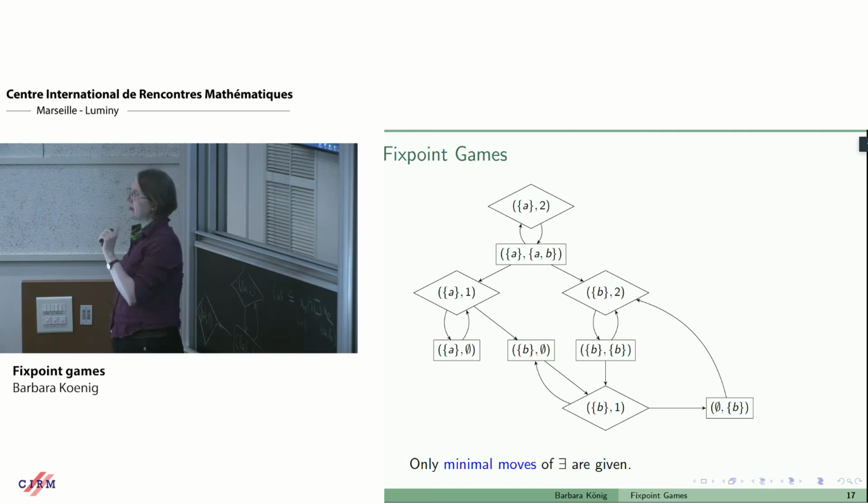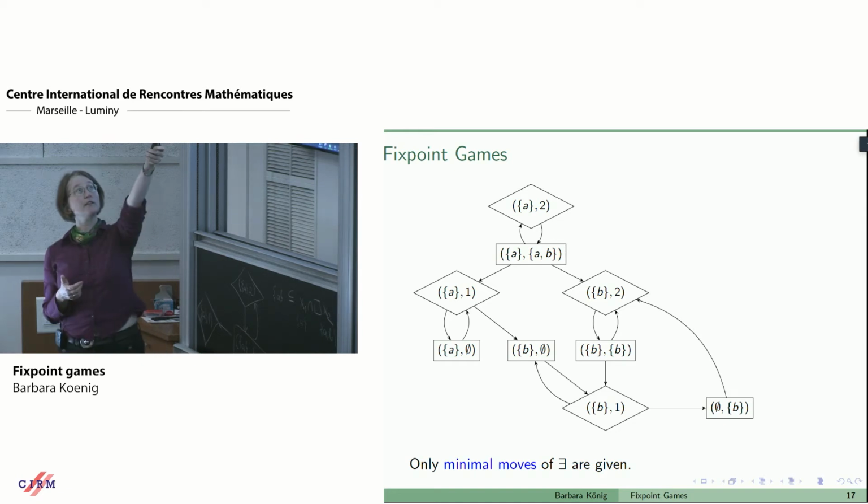So you should make sure that the highest index that is visited infinitely often is a nu index. And 1 is a mu index, and 2 is a nu index. So you have to make sure that you visit the 2 infinitely often. So it's your turn. We start here. You're the existential player. You have to do something.